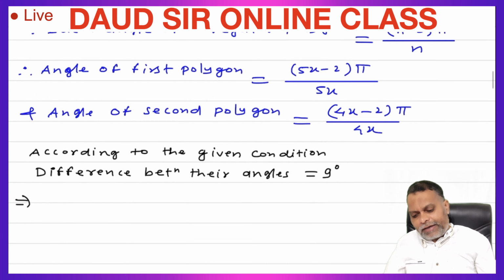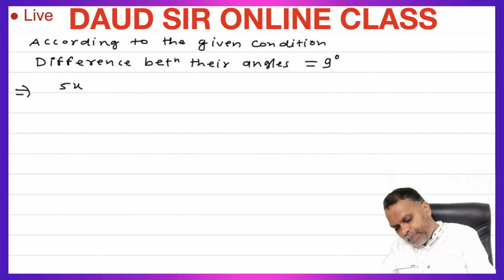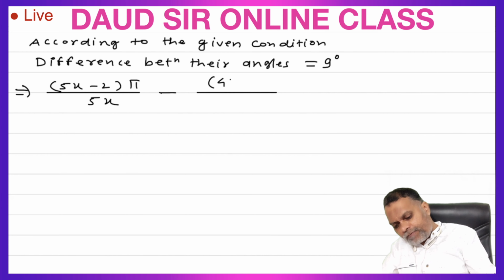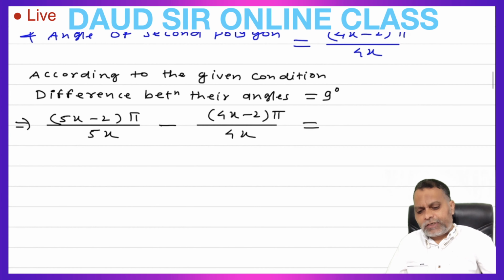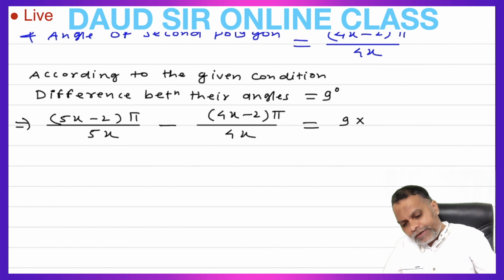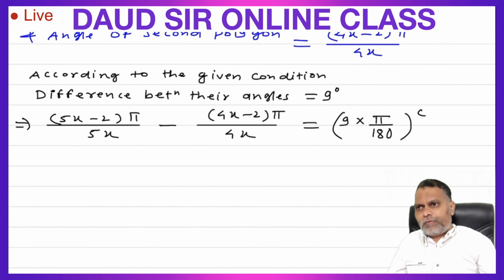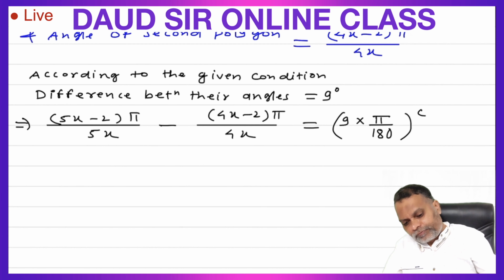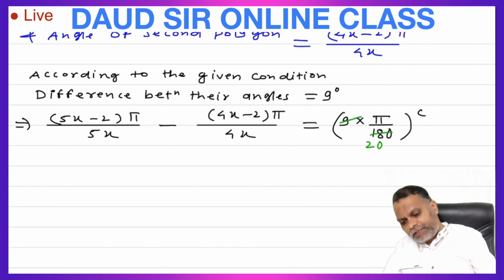So angle of first polygon (5x minus 2) into pi upon 5x minus angle of second polygon (4x minus 2) into pi upon 4x is equal to 9 degree, and these angles are in radian. So convert this 9 degree into radian. 9 into pi by 180 radian. Simplify this. 9 2s are 18 and this 0 cancels. Pi by 20 radian this side.